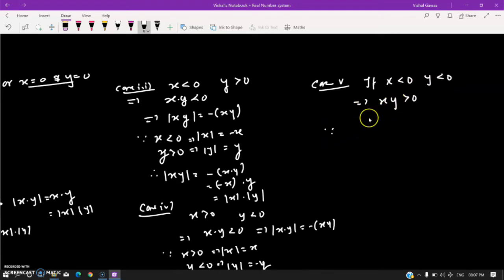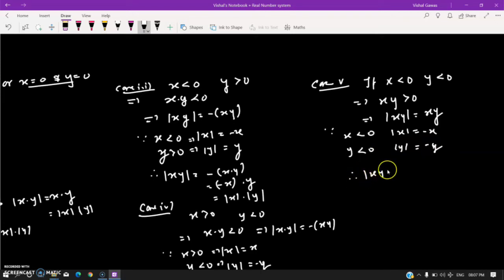Since x is negative, modulus of x is negative x, and y is negative, so modulus of y would also be negative y. Right? Therefore, I can do it in the reverse way.